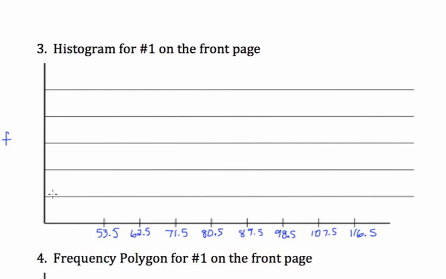Our highest frequency is 8, so maybe it would work to number by 2s. If you numbered by something different, that's okay, as long as your frequencies are spread out, not just clumped all together, and as long as you go up by a consistent number.